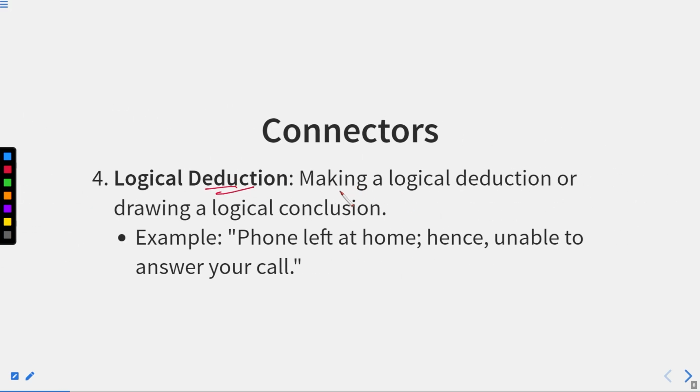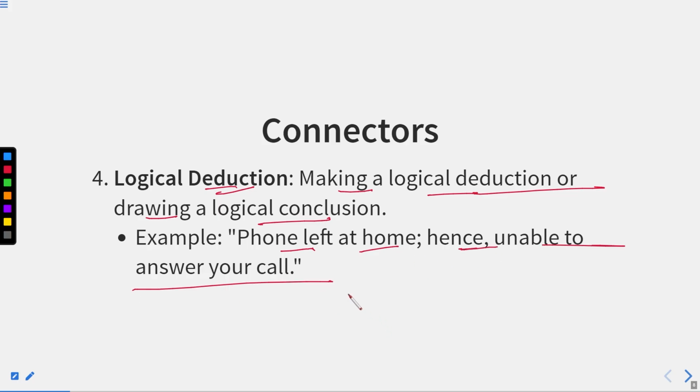Now logical deduction, making a logical deduction or drawing a logical conclusion. So whenever we want to make a logical deduction, it means some inference out of some situation, or when we want to draw a logical conclusion, we need to use this connector, that is hence. The example can be phone left at home, hence unable to answer your call.